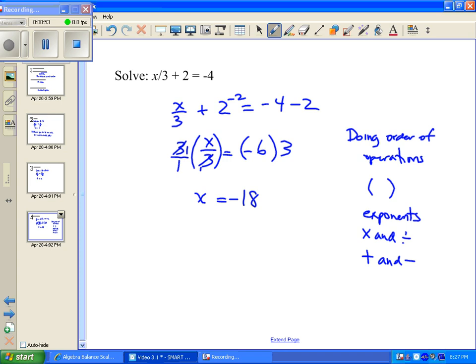When we're doing our order of operations, we use that order. When we're solving, we undo. I talk about undoing. And so we reverse that order of operations. We're always going to start by undoing the addition and subtraction, and then the multiplication and division. So that's a basic introduction to solving equations.